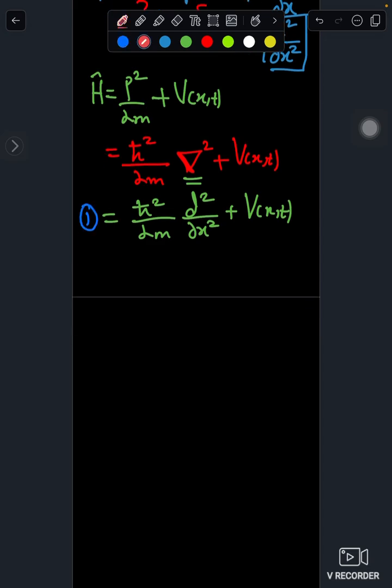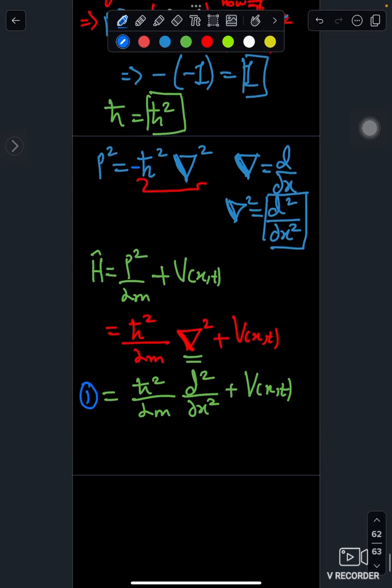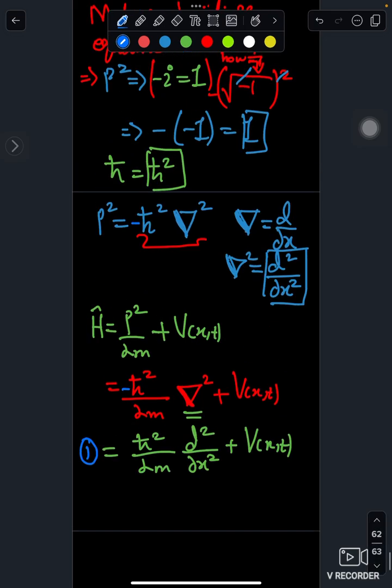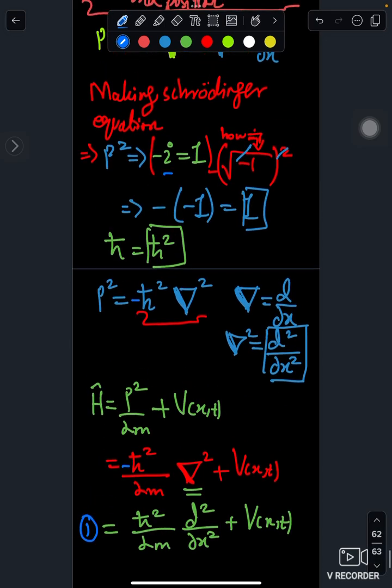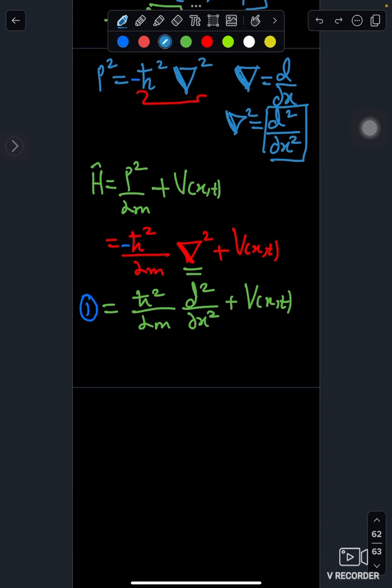Then one more thing, this is minus and this is minus i, and i squared becomes 1. So then this is minus.